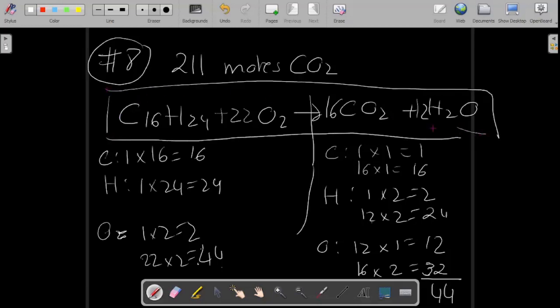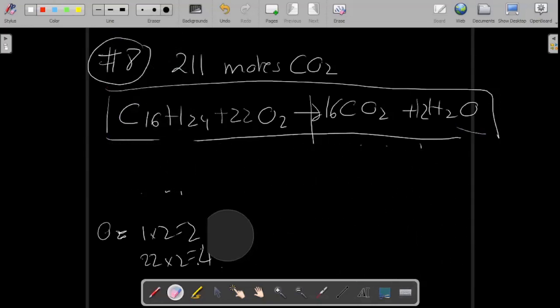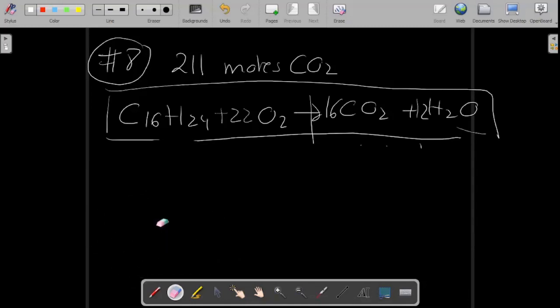Now that we have balanced this, this is a recipe. If it was not balanced, it was not a recipe. It was not correct. Now that I have a balanced recipe, I can read the recipe and relate what I need to relate. They're asking me to find out how many moles of carbon dioxide, given this, am I producing?